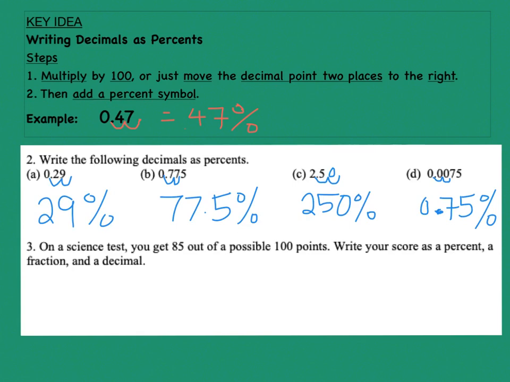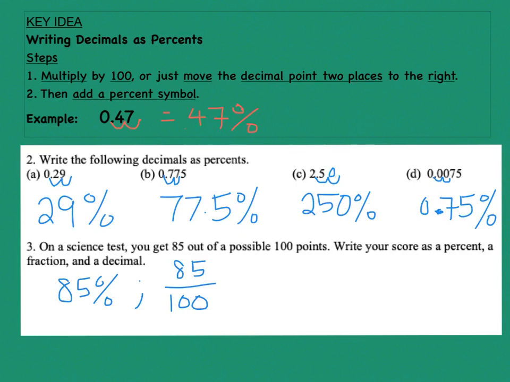To write 85 out of 100 as a percent, we know that it is 85% because it's 85 out of 100. And for fraction, that is also written as 85 over 100. And don't forget to simplify the fraction if you can.